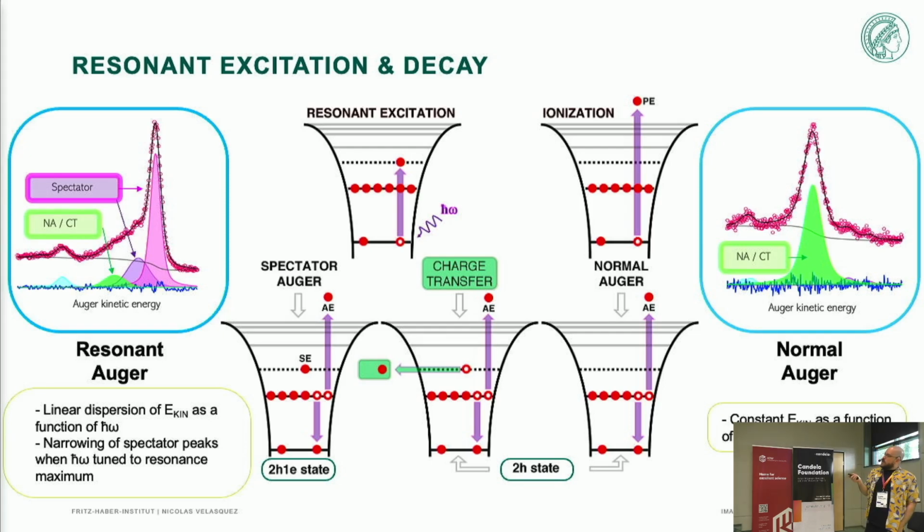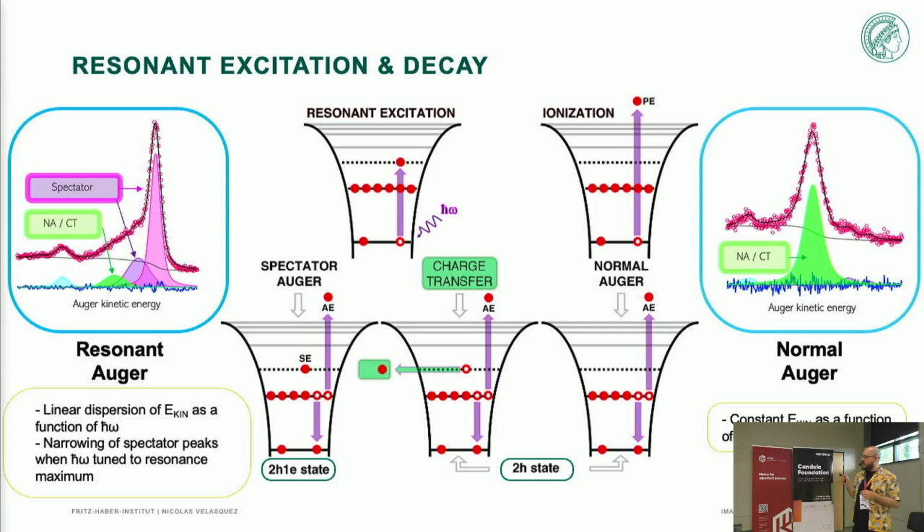The characteristic of this is that this line will have a constant kinetic energy as a function of the incident photon energy. Namely, if you look at a 2D map, like the ones I presented before, it looks like a line. And this will lead to a two-hole final state.